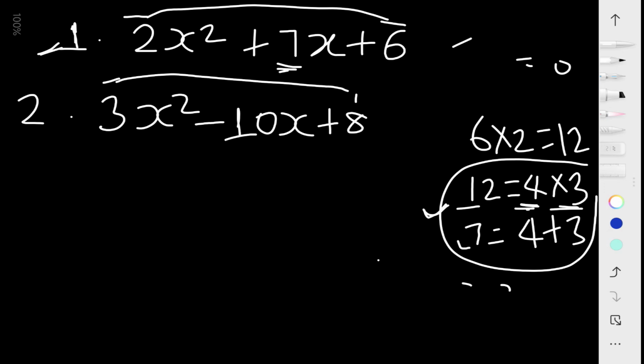So here will be 8 into 3, 24. When multiplied it should come 24, and when added it should come 10. So 8 into 3 equals 24, and 8 plus 3 equals 11, 8 minus 3 equals 5. So this logic is not valid.